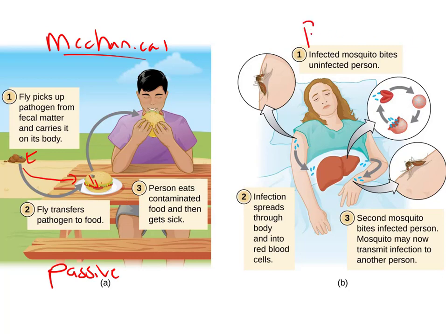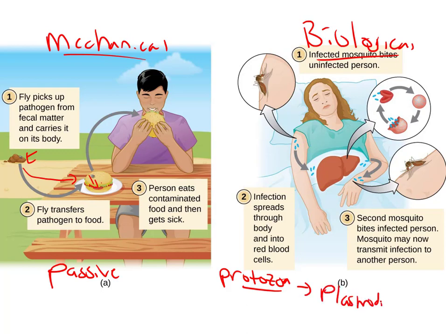Now, a biological vector, this means that the vector itself, the insect, is needed for the pathogen's life cycle. A classic example is there's a type of protozoa. It's not a bacteria, it's a protozoa. It's called Plasmodium. Plasmodium requires part of its life in a mosquito, part of its life in a human liver, and part of its life in a human red blood cell.